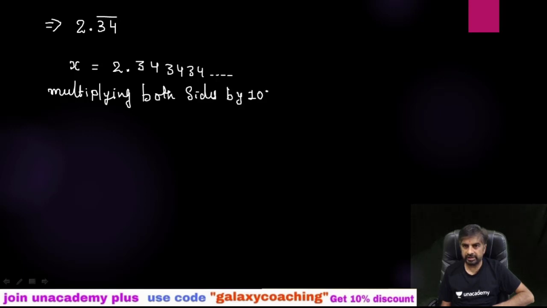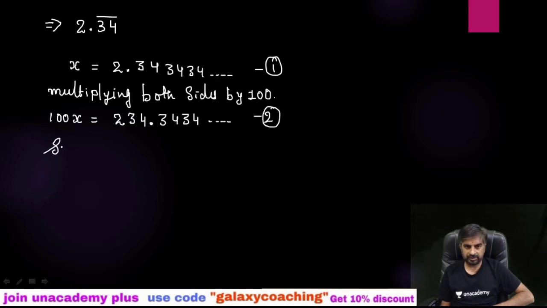As I told you, you only need to see the bar is on how many terms. So if you multiply 100 into x it will give you 100x, and 100 into this, so 2 decimals will go back, so you will get 234.3434 and so on. Take it as result number 1, take it as result number 2.